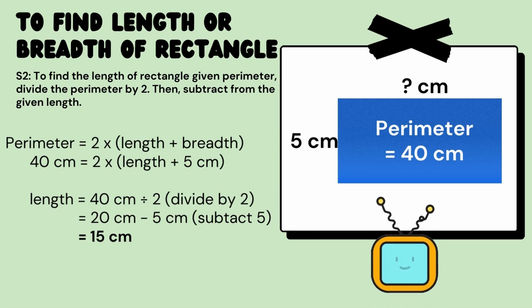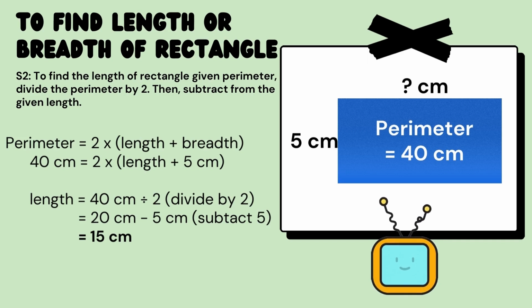Okay, let's just look at the example. Now, perimeter, the formula is 2 times bracket length plus breadth. Okay, the one that we've done before. We put all the information there. Perimeter, we know 40 centimeter, and then the breadth, we know 5 centimeter.